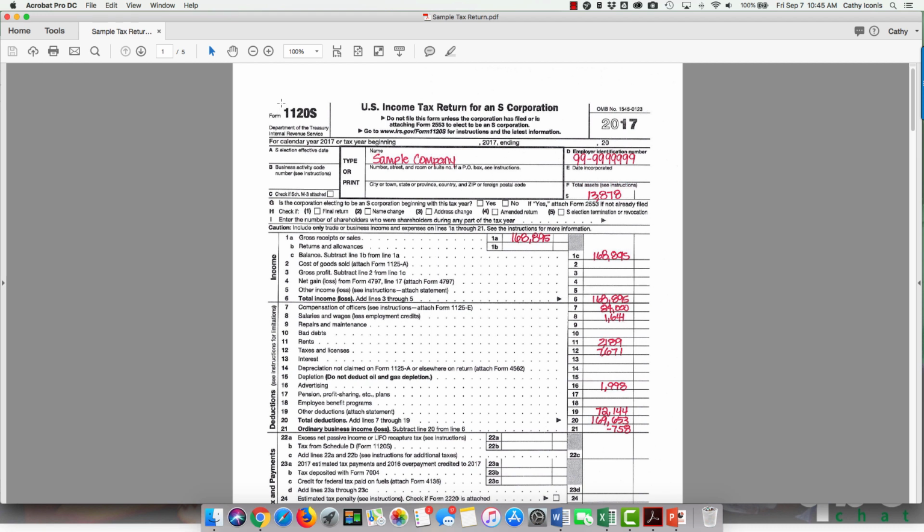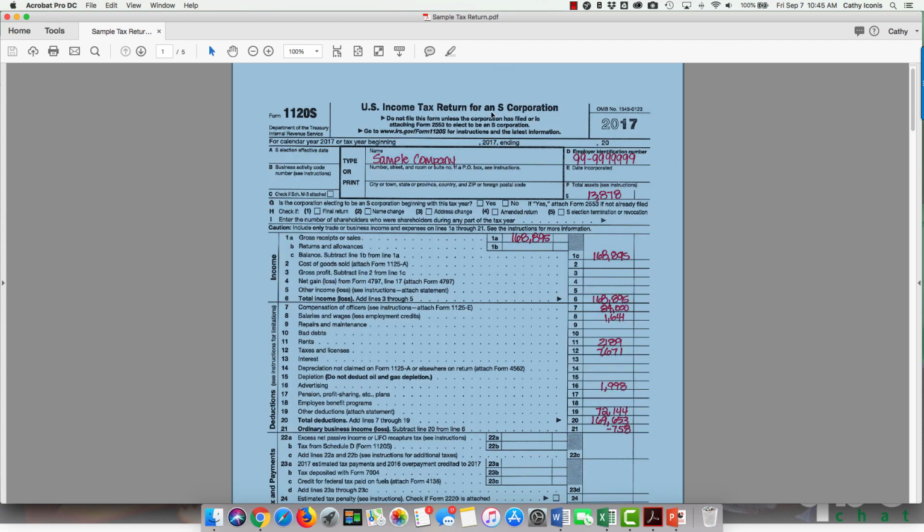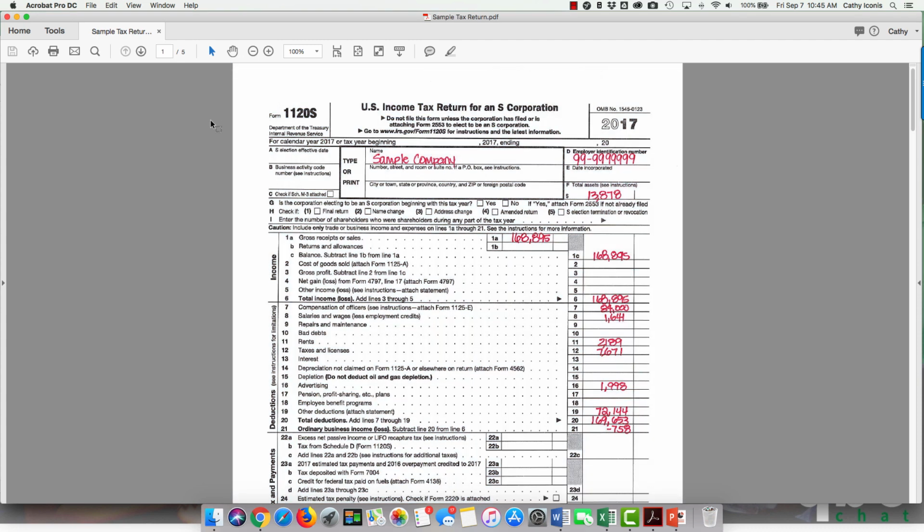My example here is an 1120S, which is a tax return for an S corporation. And so what you'll see are 1120S's, 1120, I think just plain, which is just a corporation. Then 1040s are the individual tax returns.